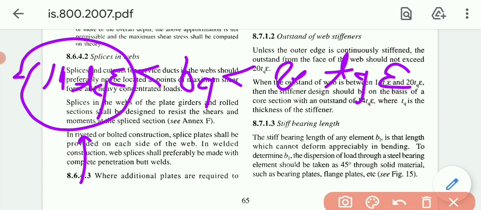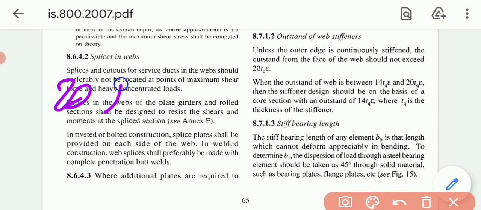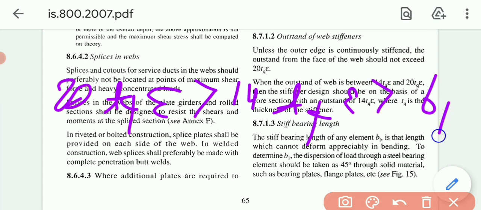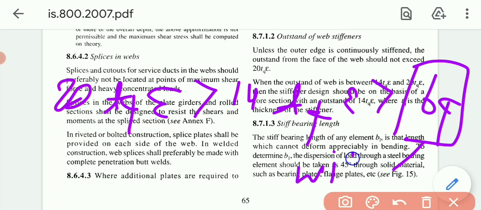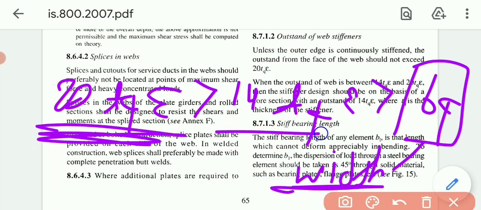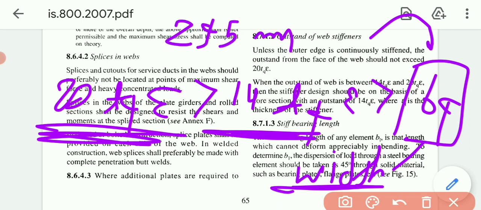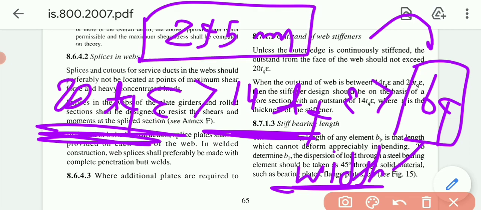So we will assume our dimension in such a way that both 20 t_q epsilon and 14 t_q epsilon are greater than our assumed stiffener width, b_q. First I will calculate 20 t_q epsilon and 14 t_q epsilon, then assume b_q less than both these values. Meanwhile, the total dimension available on both sides of the wave is 295 mm, so I have to keep that in mind also.